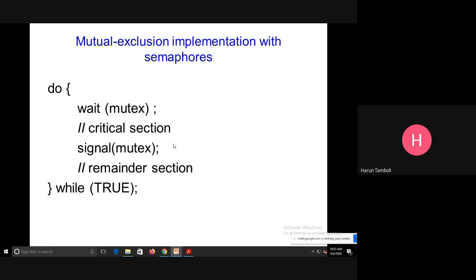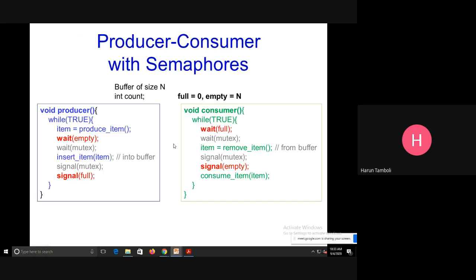Okay, we can see this with our producer consumer problem. So this is the producer consumer code with the semaphore. The buffer size is n, using a count variable as well as two variables, that is full and empty.